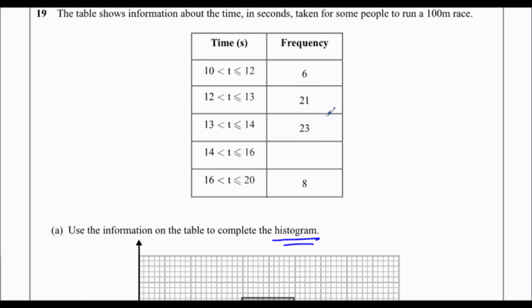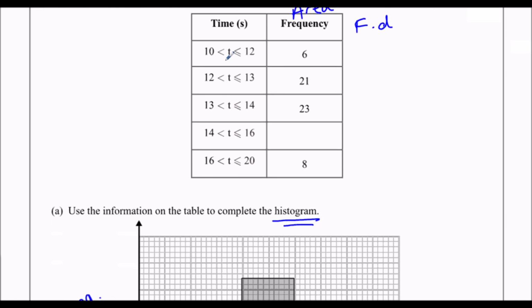And if the area is the frequency, we can find the frequency density by doing the area of the bar divided by the width of the bar. So this one goes from 10 to 12, so it's got a class width of 2.